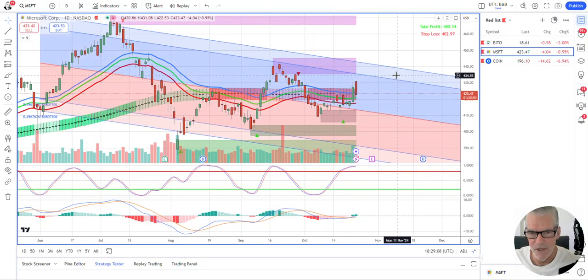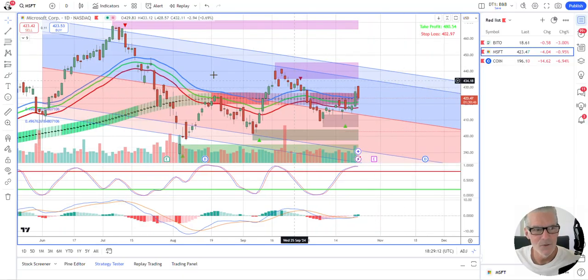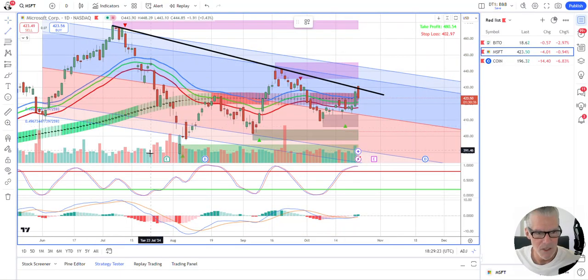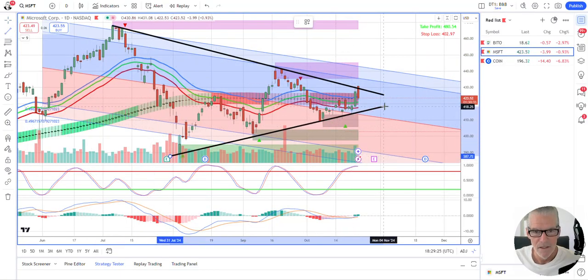Microsoft is flashing bearish today. I say this in the room a lot. Be aware of big green sticks. Yesterday was a big green stick. It did try to break out of this consolidation, and it's a pretty good-looking consolidation, right? You've got a sequence of higher lows. You've got a sequence of lower highs.